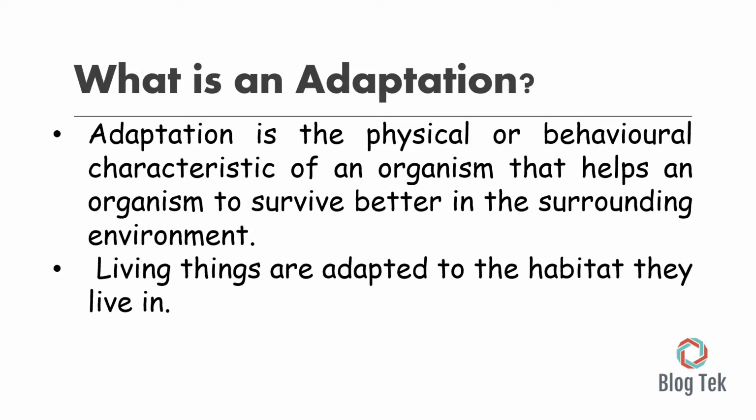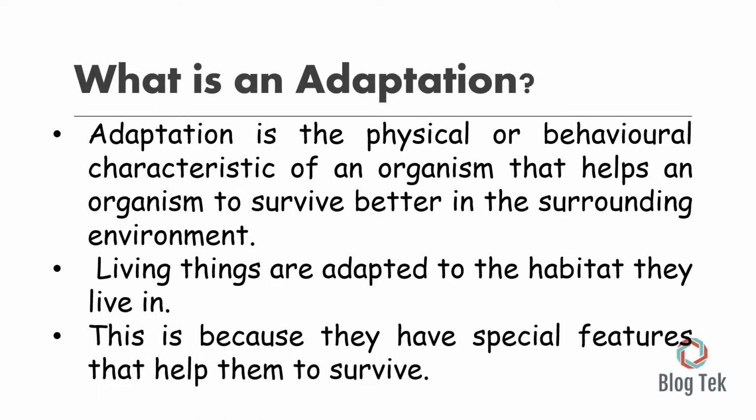Living things like humans and animals are adapted to the habitat they live in. This is because they have special features that help them to survive. So now that you know what an adaptation is, let's begin this video.